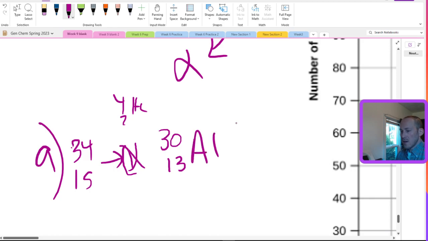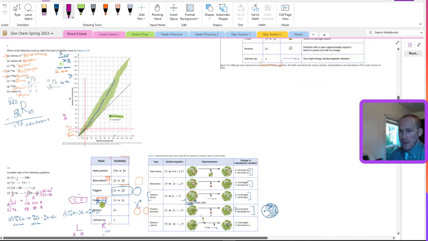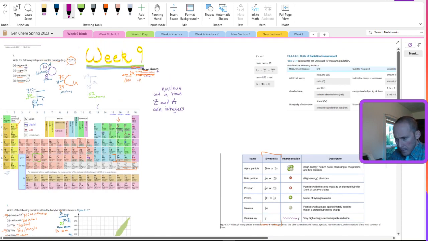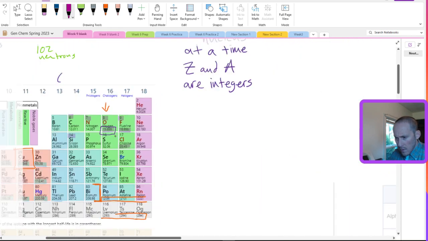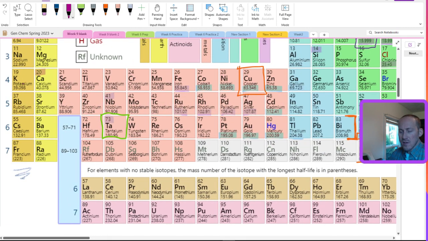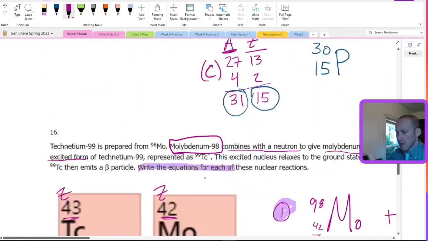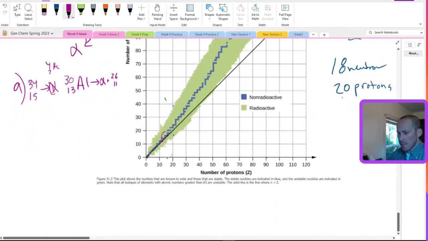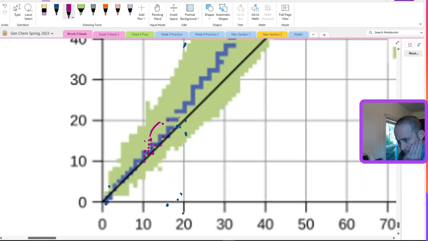And that's going to decay into another alpha, which makes this now 26 and 11. And that is sodium. Now it's an isotope of sodium, which is on, we've got 10, 11. Oh, maybe that's 12.